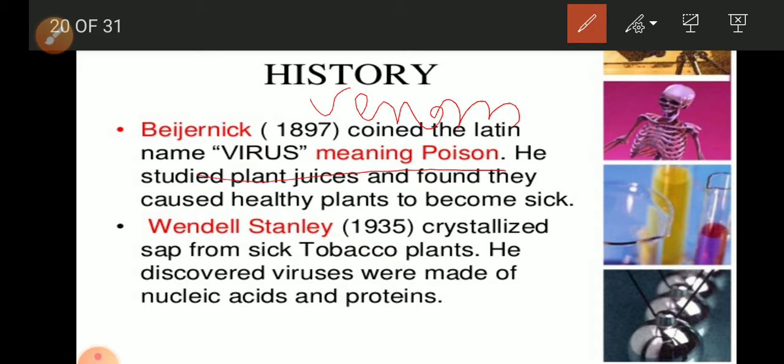So the first evidence was from Stanley in 1935. He crystallized sap from infected tobacco plants.